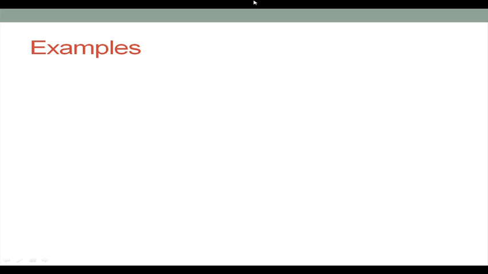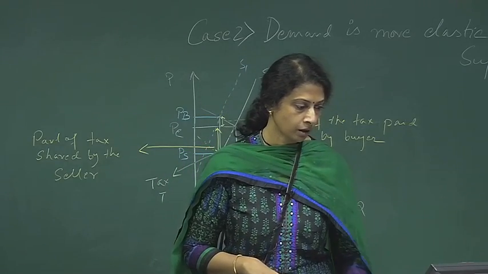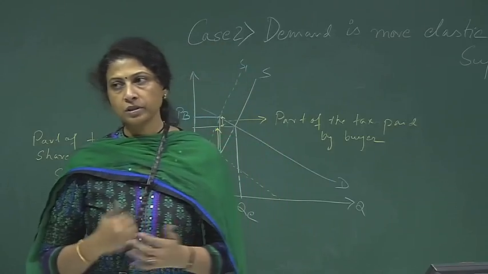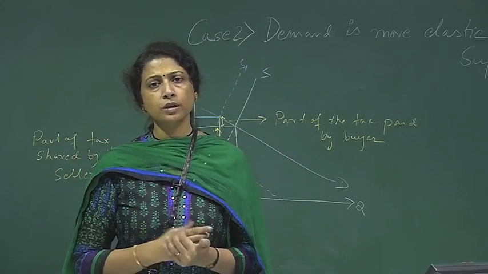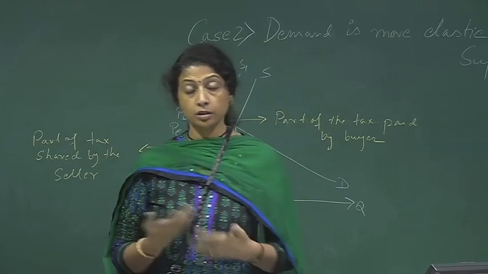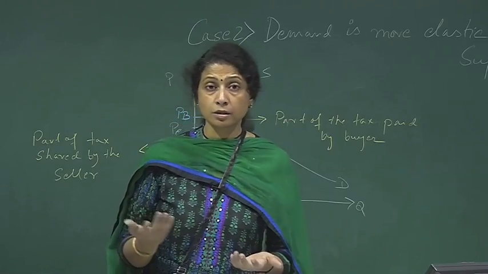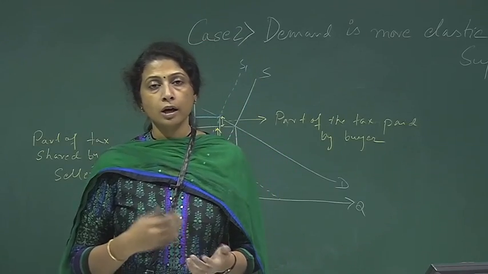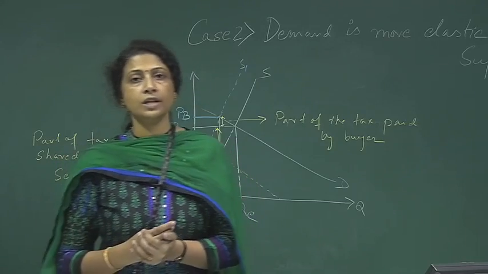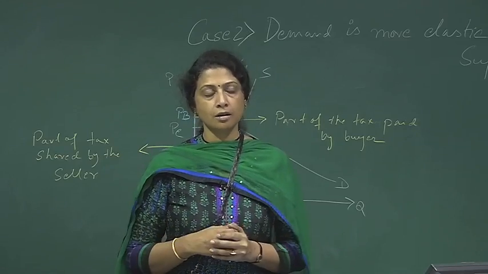So let's look at some examples. What happens in case of a luxury tax? Often during the budget we hear that the tax on luxury goods has been increased, say tax on branded high-end products, or taxes on room rents in hotels, or taxes on luxury cars, high-end cars.